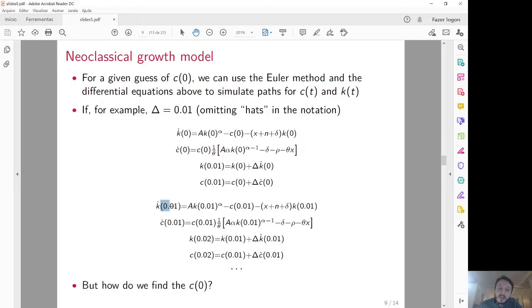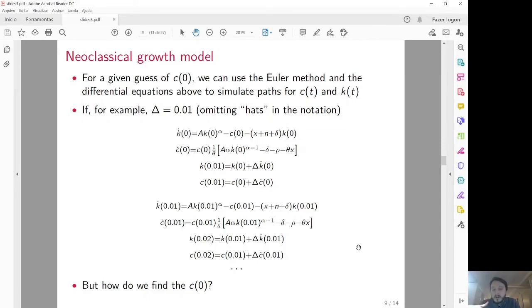So K dot in time period 0.01 depends on the variables that we calculated in the previous iteration here. So capital in the second time period and consumption in the second time period. We do this also for C dot. And then now, since we have K dot and C dot in time 0.01, we can calculate capital in time period 0.02 and consumption in time period 0.02.